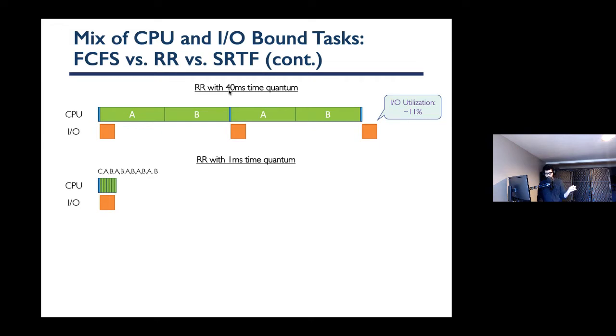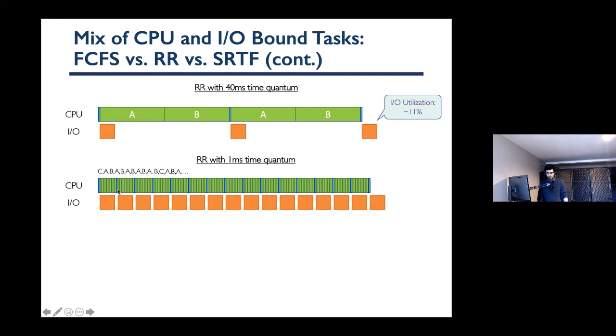So A runs for 1 millisecond, B runs for 1 millisecond, A, B, and then eventually C is done with I/O. C comes back and goes behind B. So B runs, and then this cycle continues. Now if you look at CPU and I/O utilization, I/O utilization has improved dramatically, all the way to 82%, and CPU utilization is still 100%.